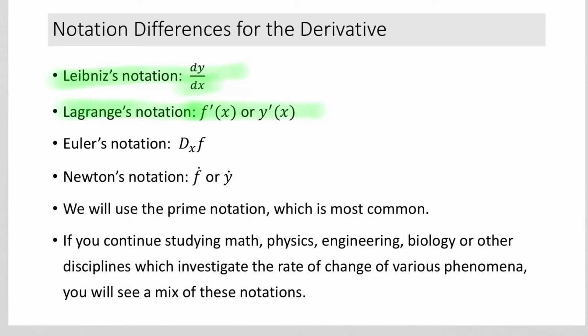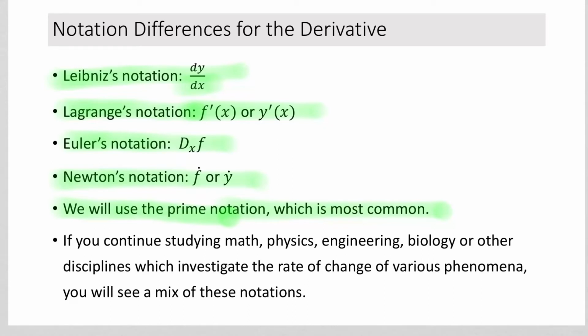And then there's Euler's notation, which is a D operator notation. There's Newton's notation, which instead of a prime uses a dot. Like I said, we're going to use the prime notation, which is Lagrange's notation, the most modern notation, the one that's more common these days.